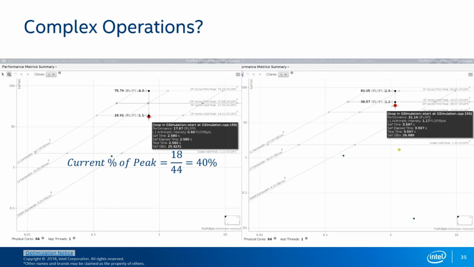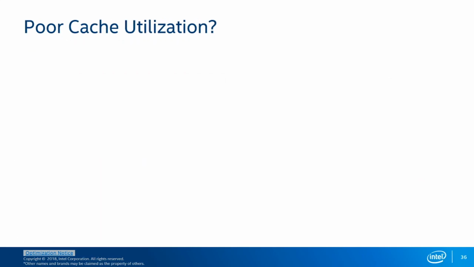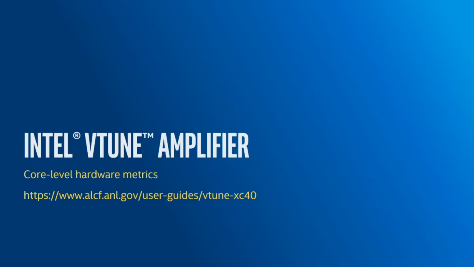If we do that, we actually get 31 GFLOPS, and now we're much closer to 70% of the roofline. So that's pretty good. Maybe the last 30% is just due to poor cache utilization, and this is where Advisor stops.